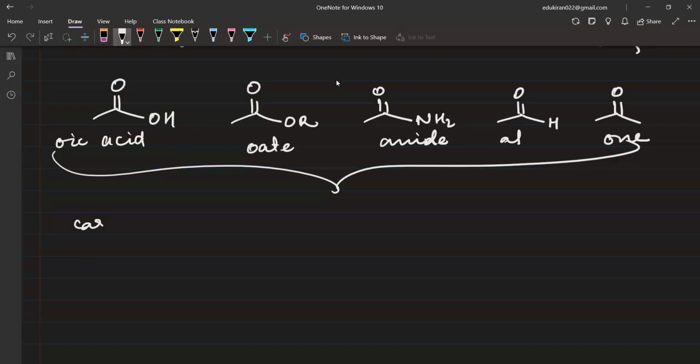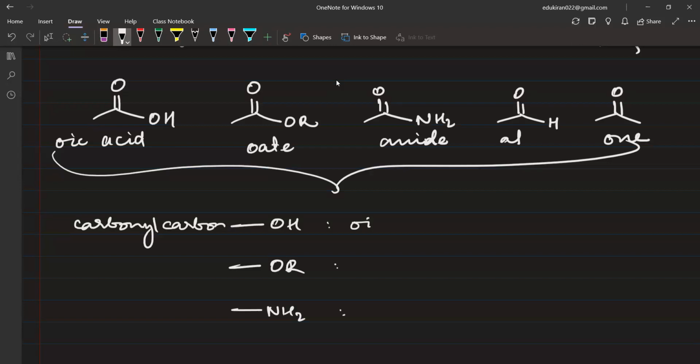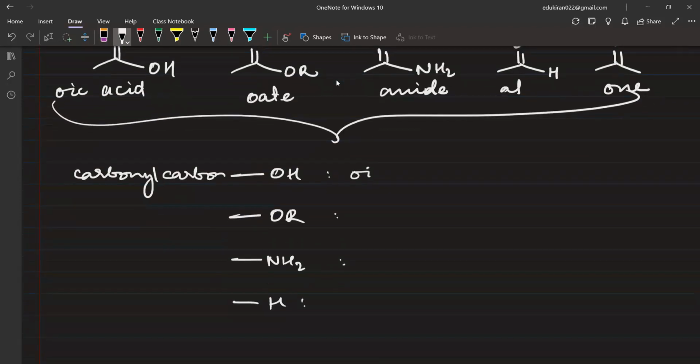You can write carbonyl carbon attached to OH, then it is oic acid. If it is attached to OR, then it is ester. If it is attached to NH2, then it is amide. If it is attached to hydrogen, then it is what? It is aldehyde. If it is attached to only carbons, then it is going to be a ketone.